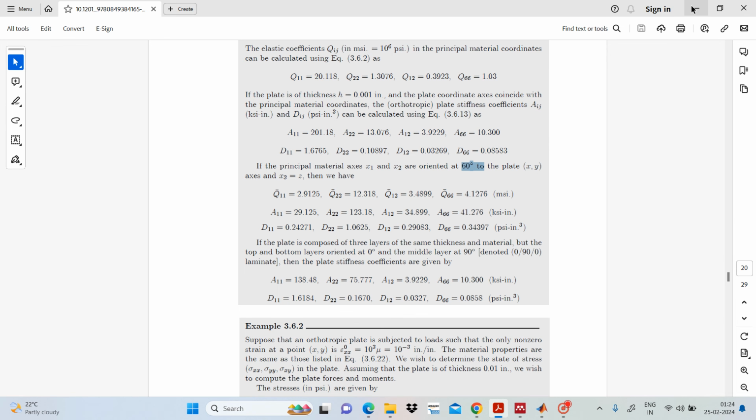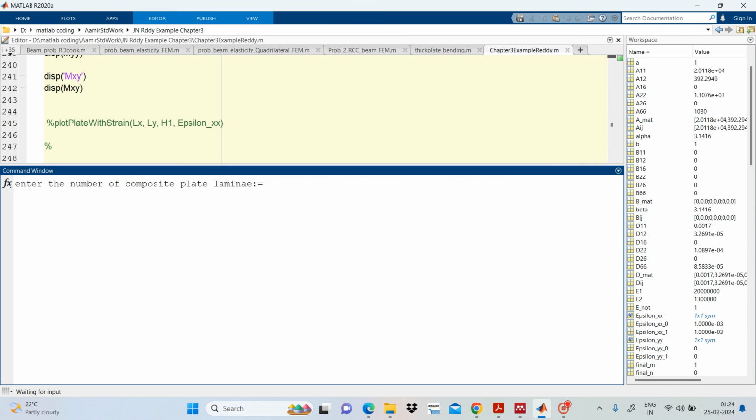Let's have one plate. Enter the height of the laminate, 0.001. So the first layer is the same, total 1.